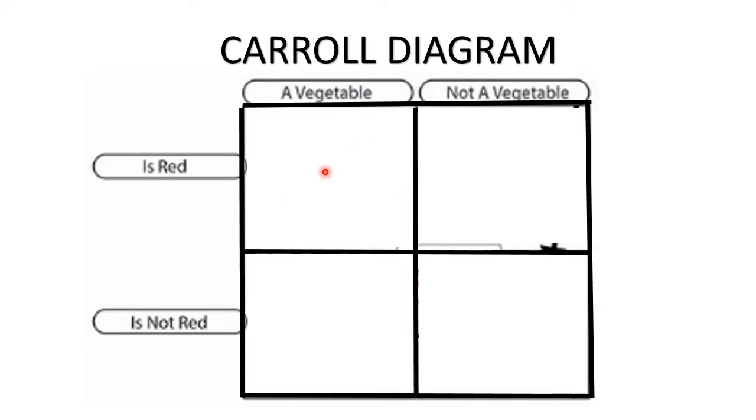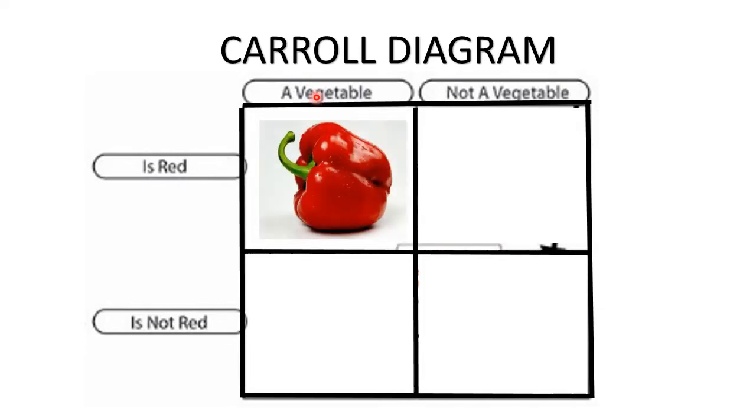If we cross the column with the row, it gives us a red vegetable. For example, a pepper. If we cross the first column with the second row, we would have a vegetable that is not red. For example, broccoli.